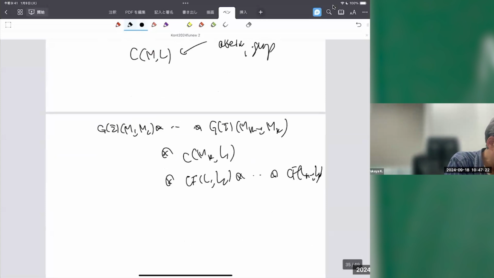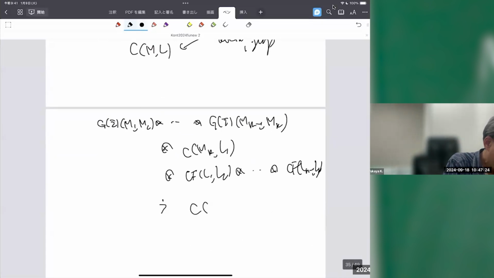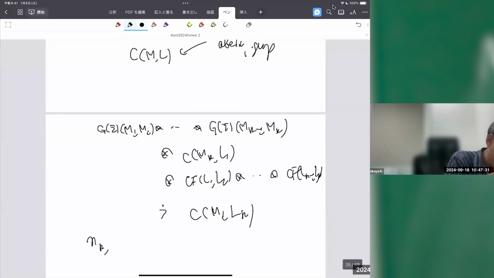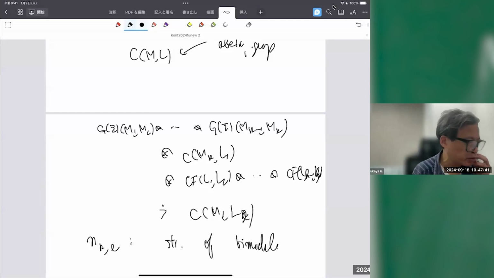And this one goes to C of M1, L_K. This is a structure of bimodule. So I want to define these kinds of operations.